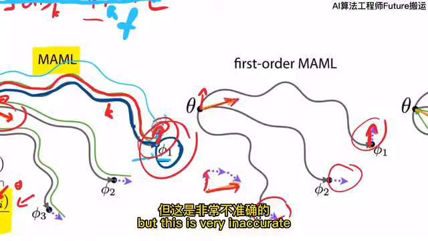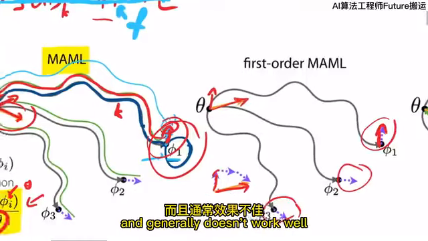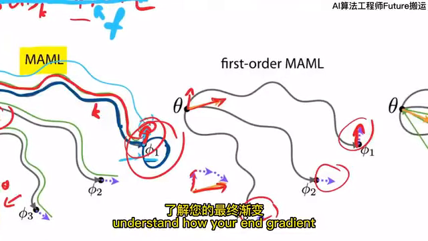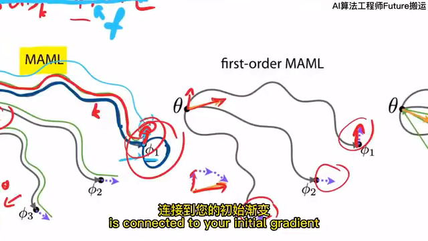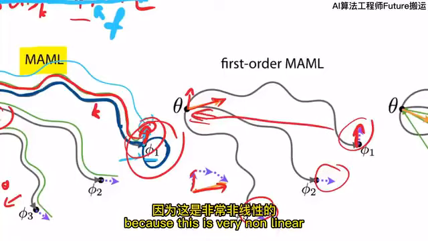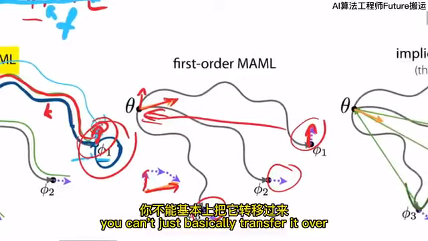But this is very inaccurate and generally doesn't work well, because you have to understand how your end gradient is connected to your initial gradient. Because this is very nonlinear, you can't just transfer it over.